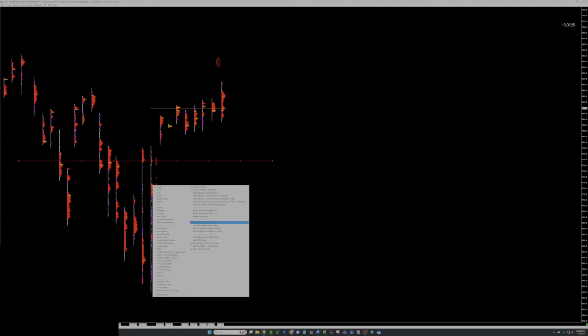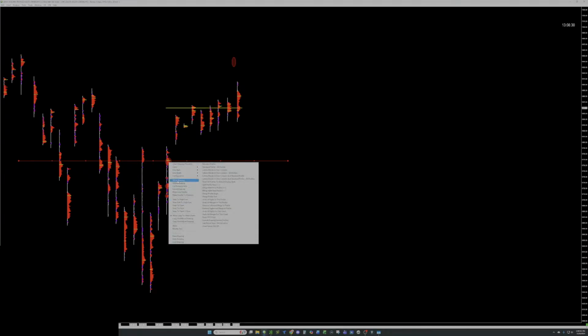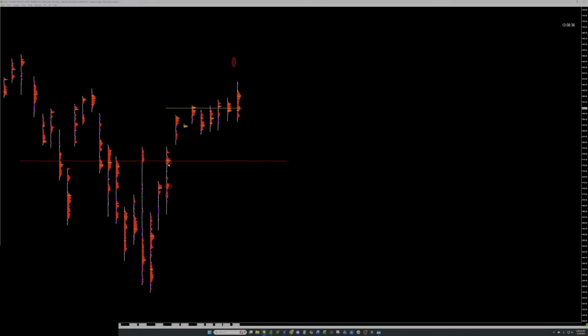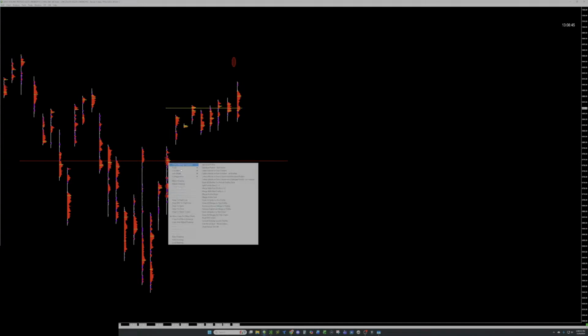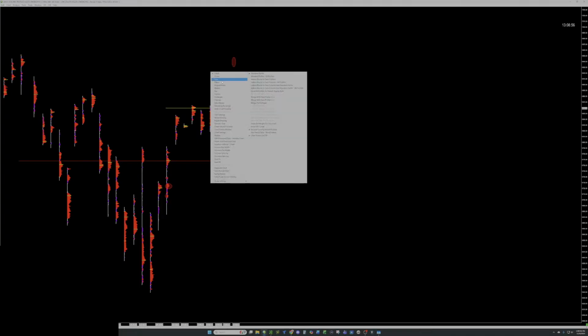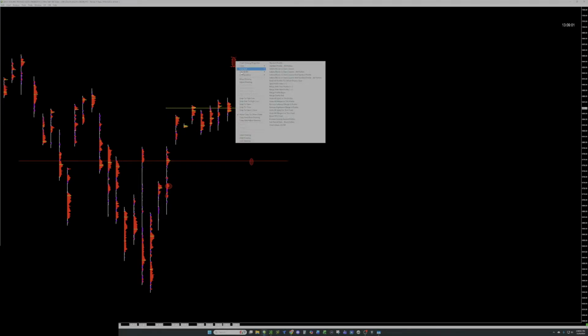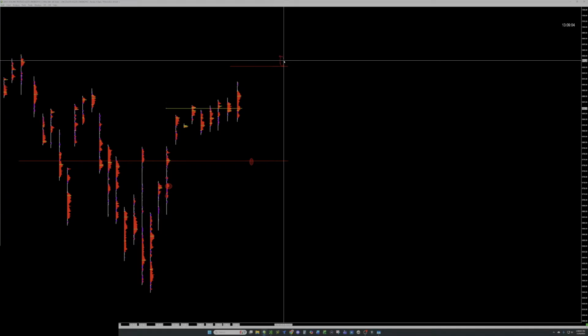I better undo the merges here. Okay, move. I want to move this drawing. Move drawing, move drawing. I have to move it. I want to move it here. Let me move it a little bit further.